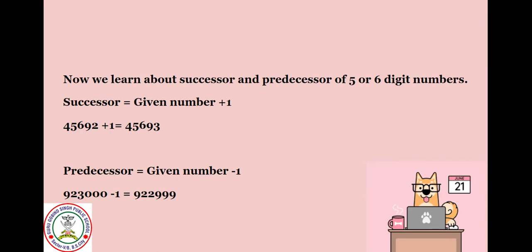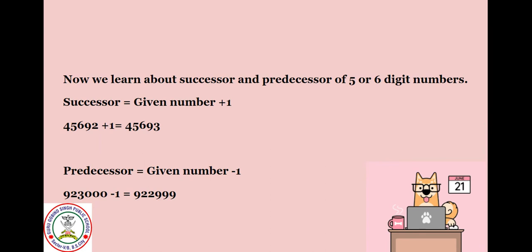Now we learn about successor for 5 or 6 digit numbers. Successor is the number that comes just after a given number. So successor is equal to given number plus 1. So to get the successor, 1 will be added with ones place. And predecessor is the number that comes just before a given number.